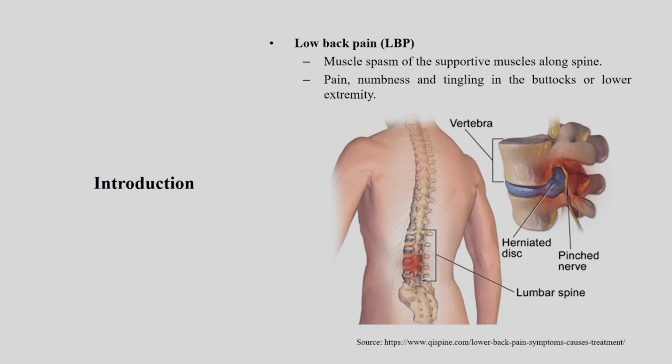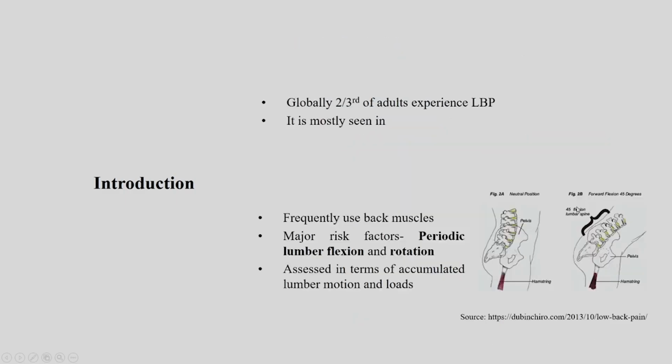You can see from this picture, the source is given over here; it is not that we collected the photograph. So, this is how this particular region is going to give you the pain sensation.